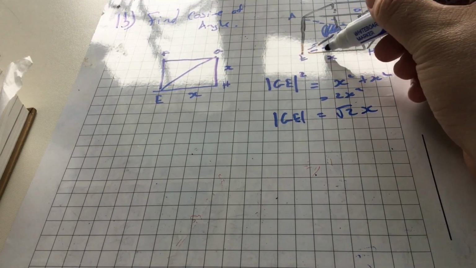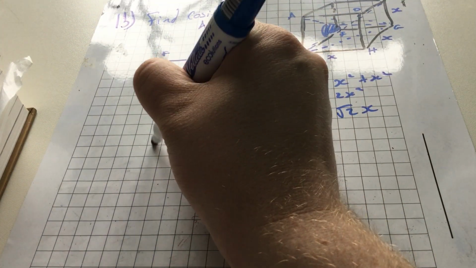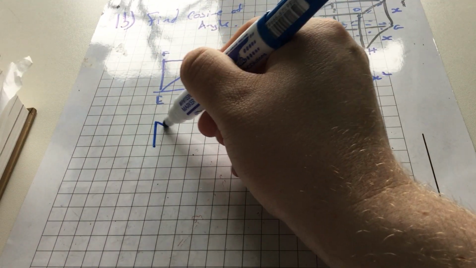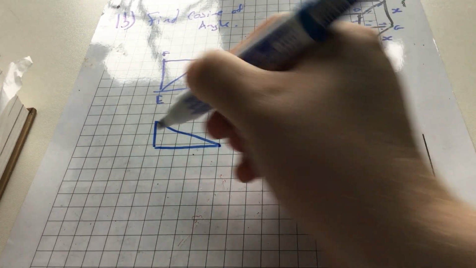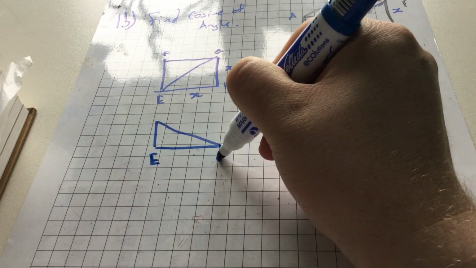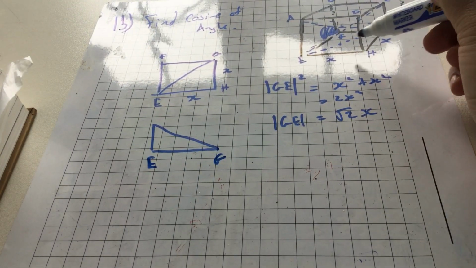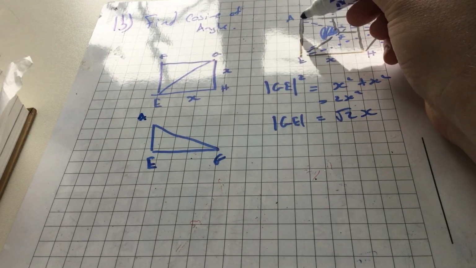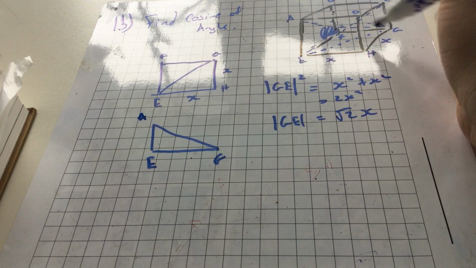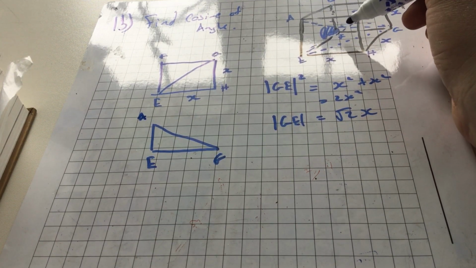Now, I know this length here. So if I draw the next triangle with the diagonal that I'm looking for and the diagonal of the base, this is E to G, this is A to E, and then I have A to G. And AG is what I'm looking for, and then I'm going to halve it to find that length.